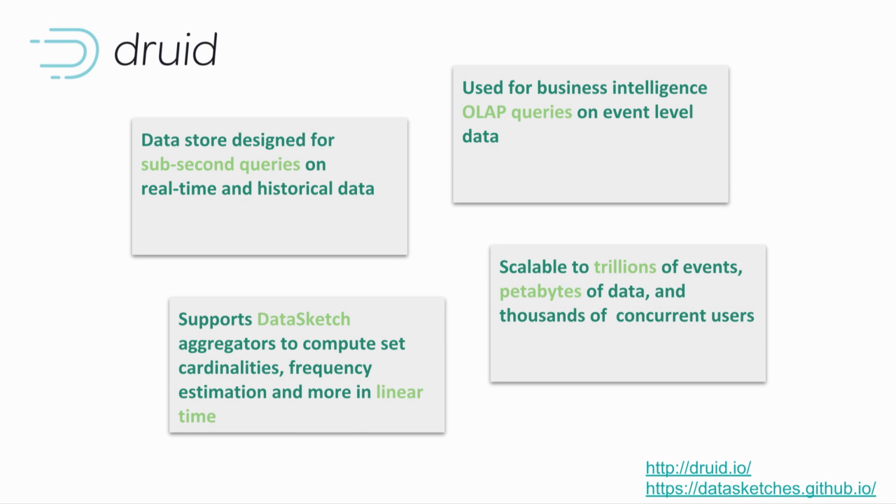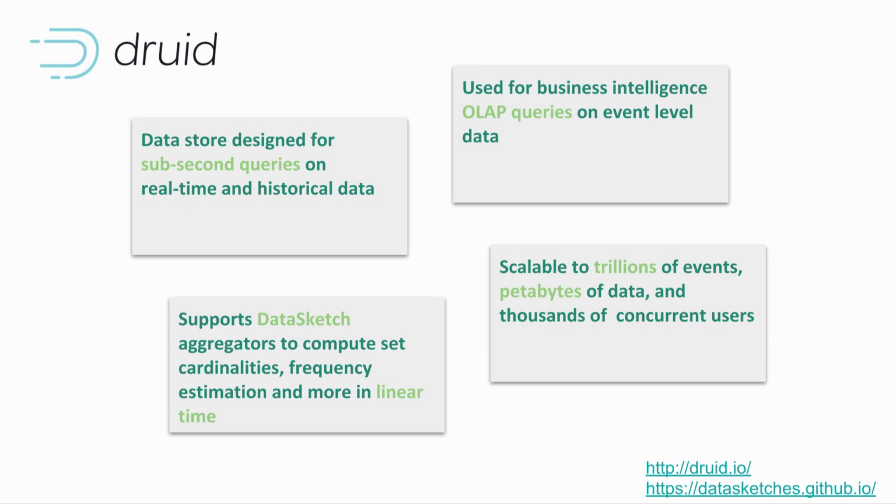Druid also supports the data sketch algorithm. Sometimes in big data, some queries don't scale well because of the huge computation requirement and the time. To address that problem, Druid uses data sketch algorithms, which are used to compute set cardinalities, frequencies, and quantiles in almost linear time.